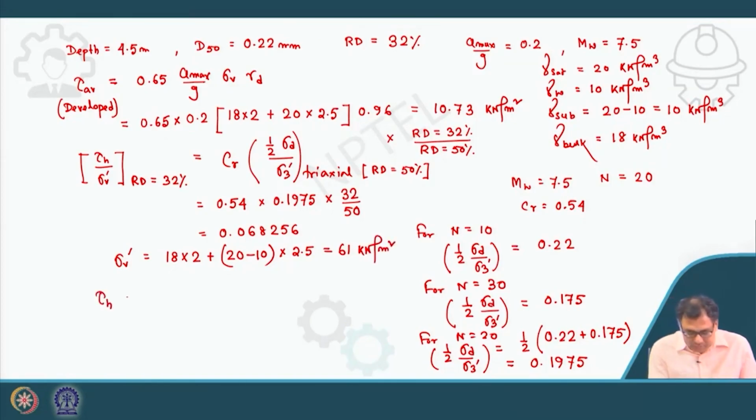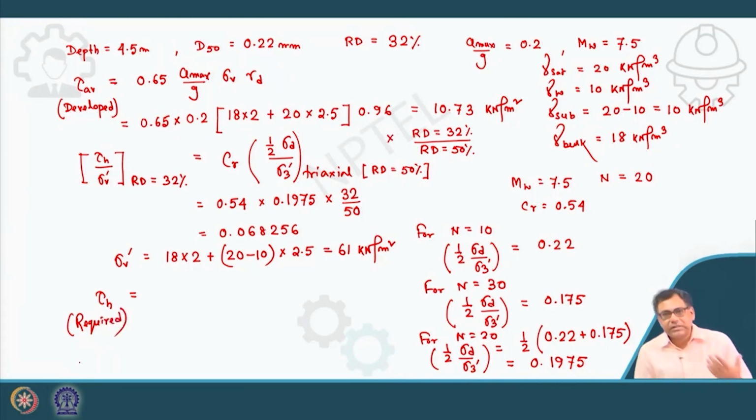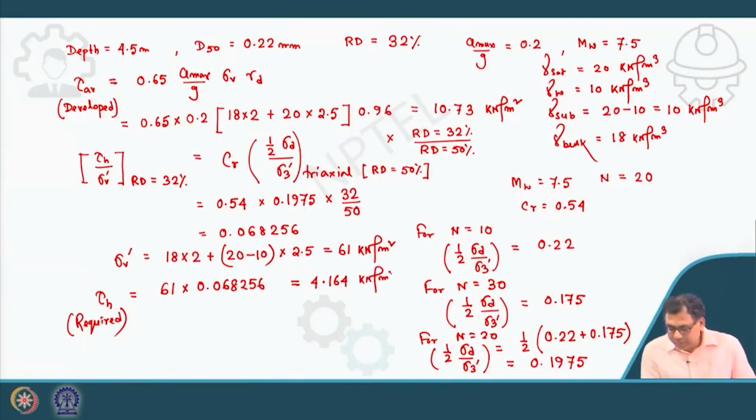So tau A, that is required to cause liquefaction, or the liquefaction resistance, is equal to 61 into 0.068256, which is 4.164 kilonewton per meter square.